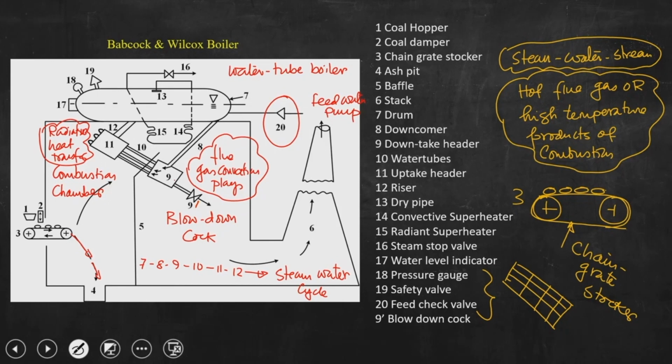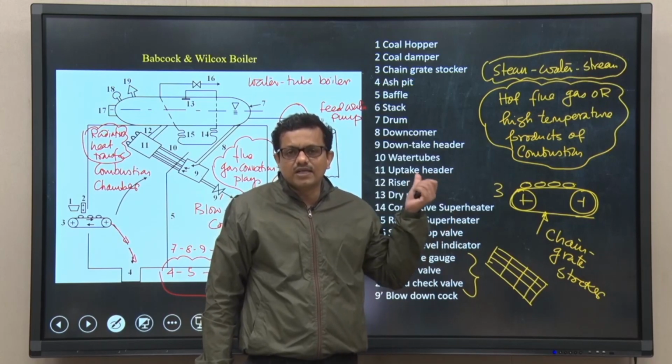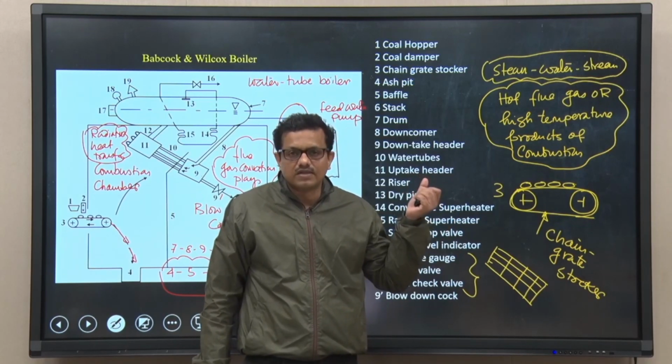This 4, then 5, then 6, this is the hot flue gas cycle. So, this is the hot flue gas cycle and this is the steam water cycle. These two streams are allowed to flow in such a way that it is possible to have maximum heat recovery from the high temperature products of combustion.